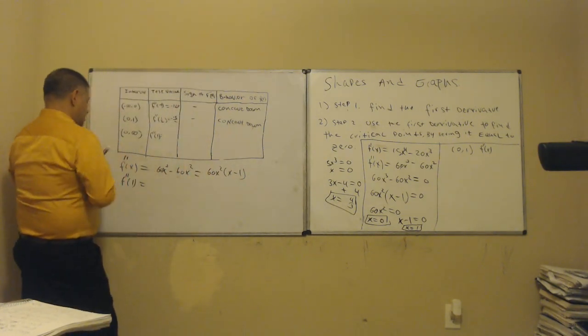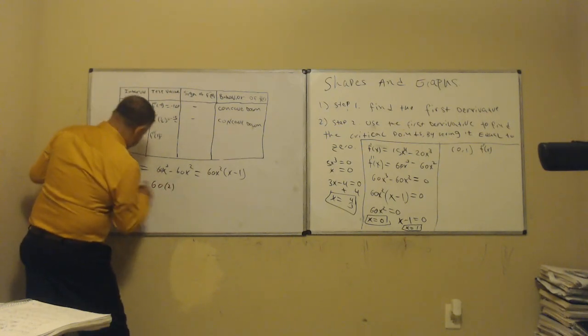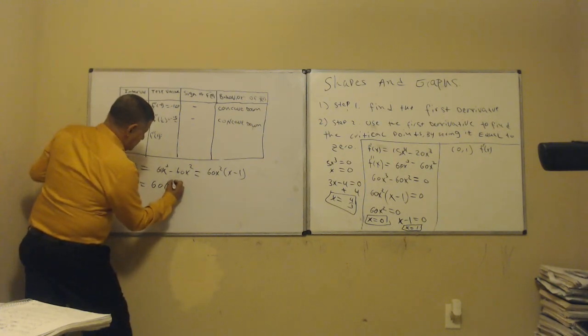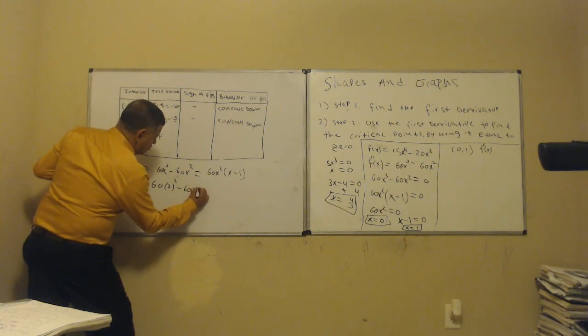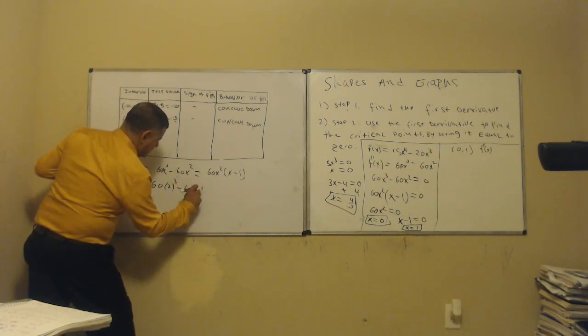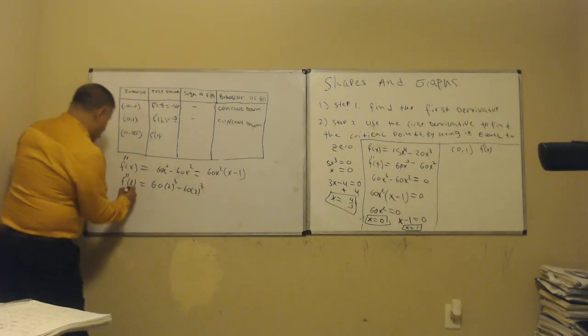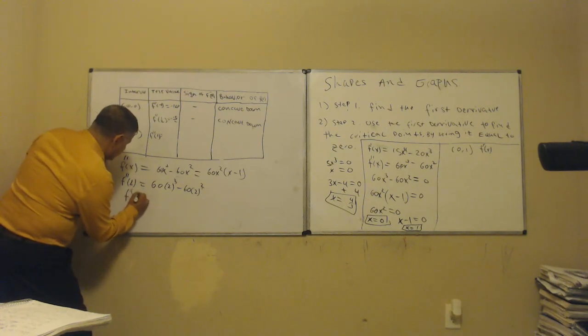Now, let's do 60 at 2. Now this guy is equal to 2, and this is squared, and this is 60 at 2. This is cubed, I'm sorry, this is squared. Okay, so this is going to be double prime at 2.